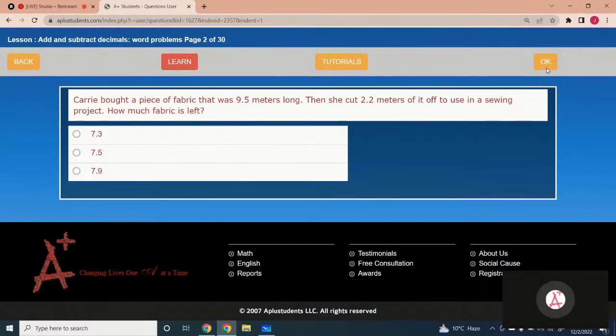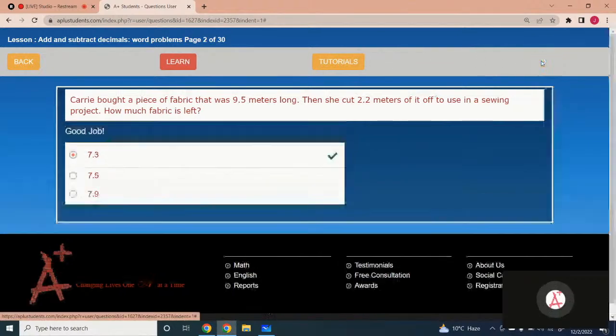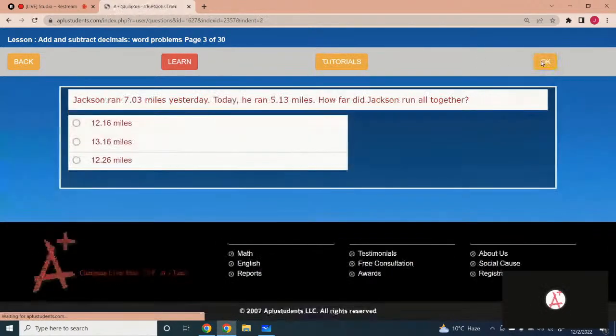You have to subtract 9.5 minus 2.2. It would be 7.3. Got it? Just select the correct option and click on the OK button.